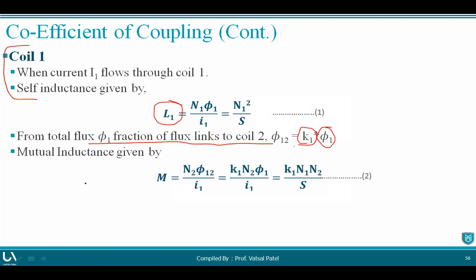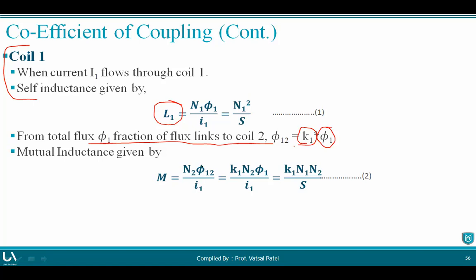Now the mutual inductance equation we derived in our previous discussion: M is equal to N2, the number of turns of the second coil, times phi 12, the amount of flux linked with the second coil which is produced by phi 1, divided by I1.